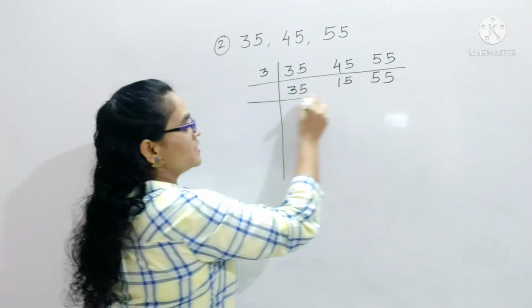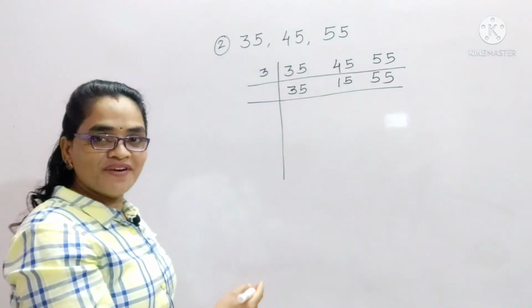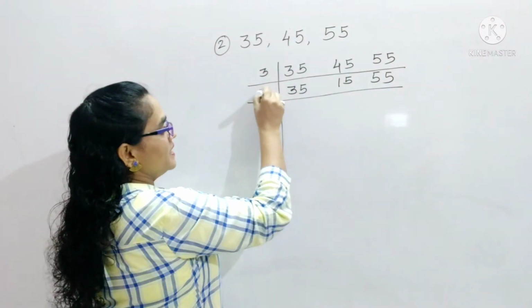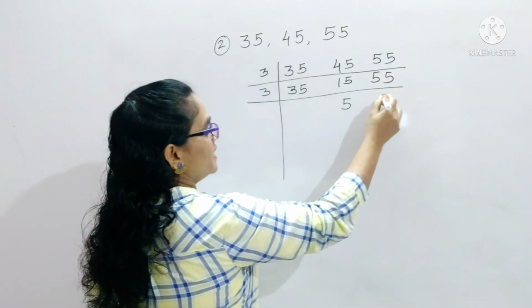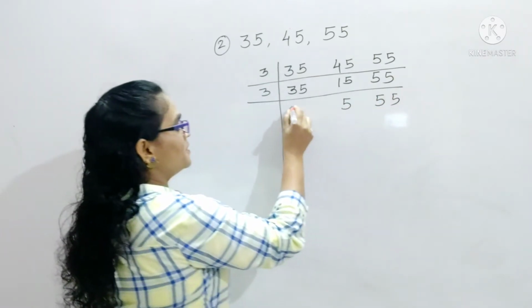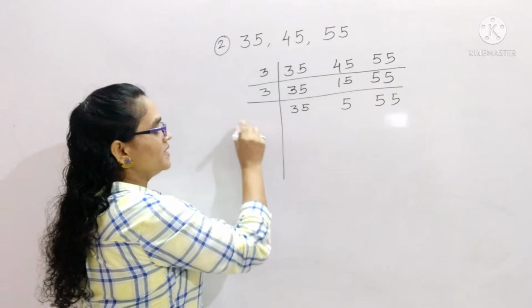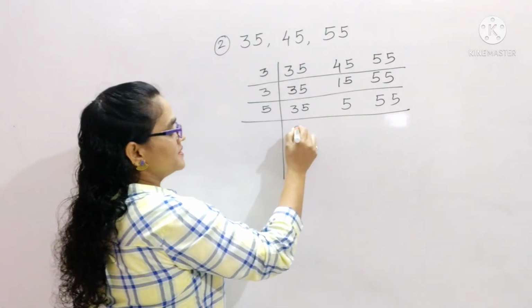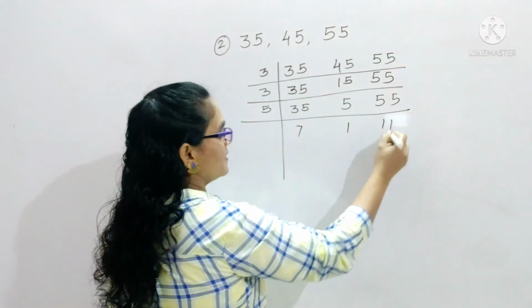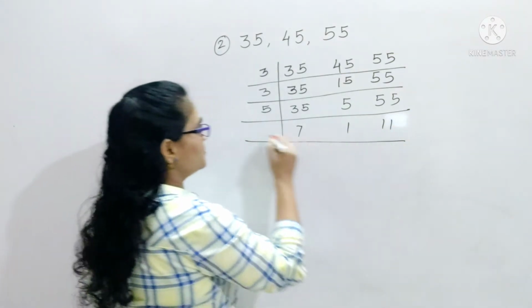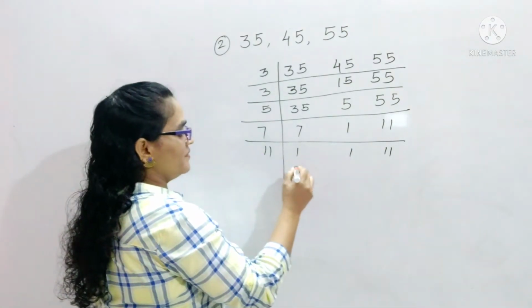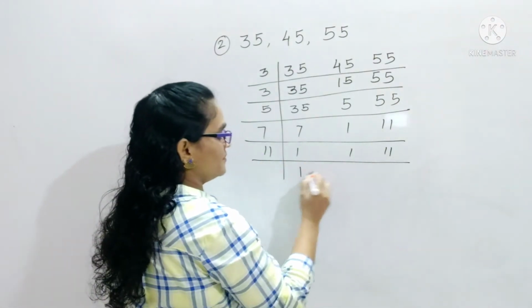Now same process continue till we are getting 1 as a quotient. Then 3 5s are 15. Undivided numbers we have to copy as it is. Next prime number which is divisible is 5. 5 7s are 35, 5 1s are 5, 5 11s are 55. Now 7 1s are 7, 1, 11 and 11 1s are 11.